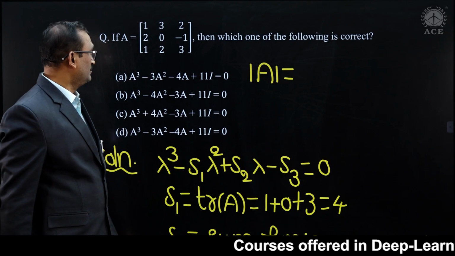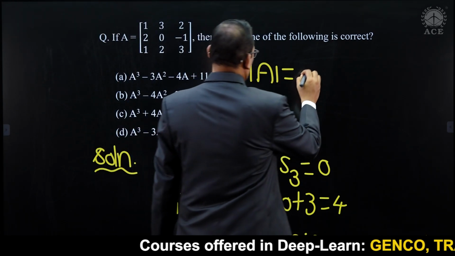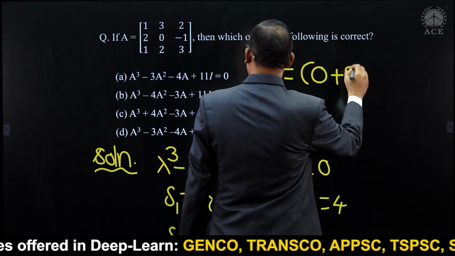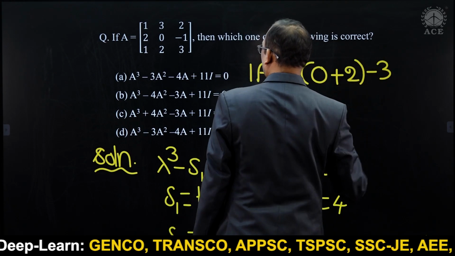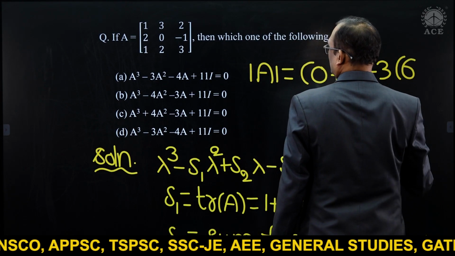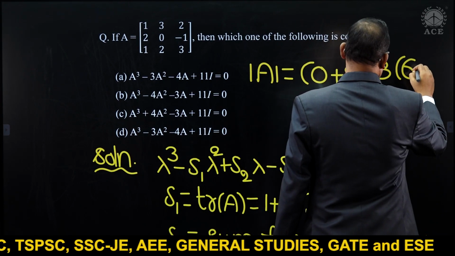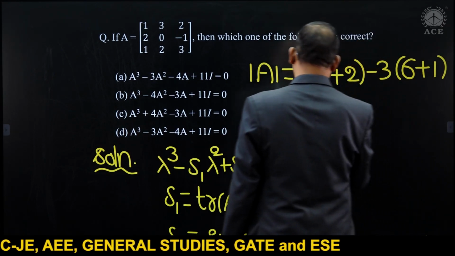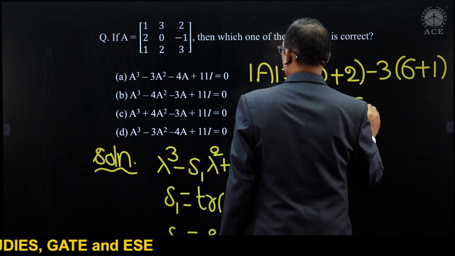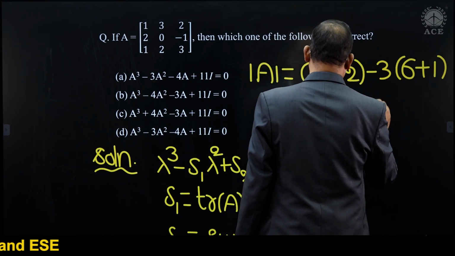Det A is equal to 1 into 0 plus 2, minus 3 into 6 plus 1, plus 2 into 4.